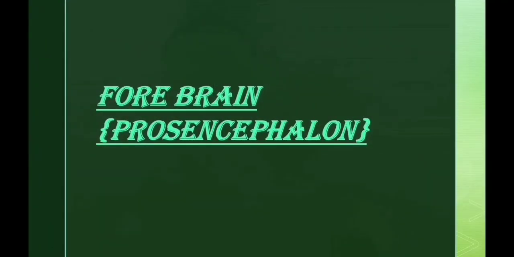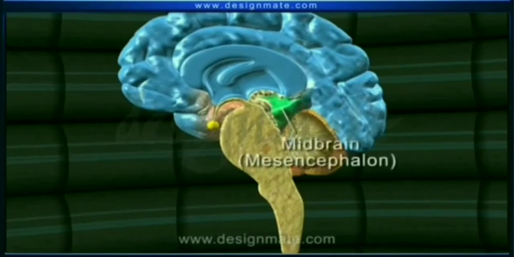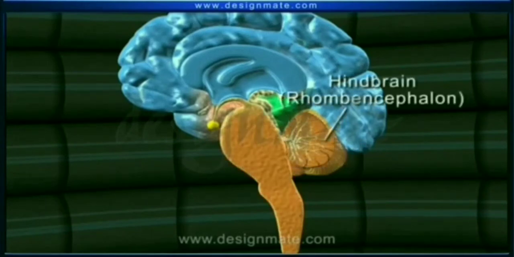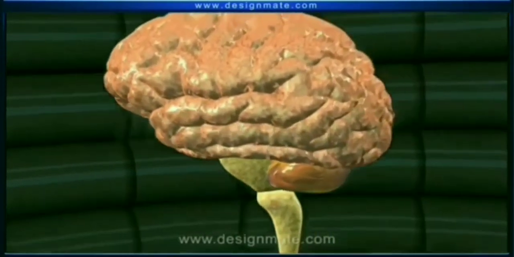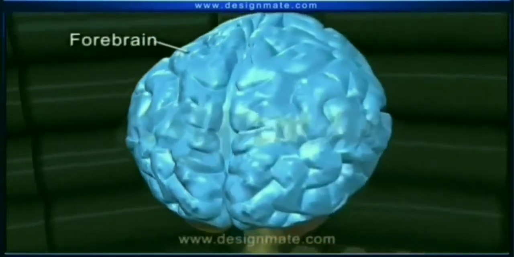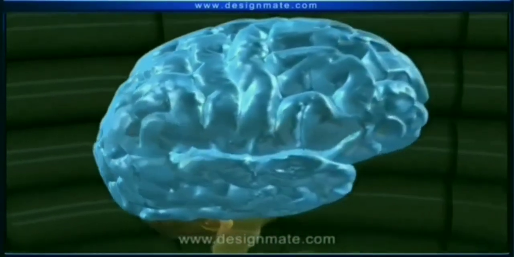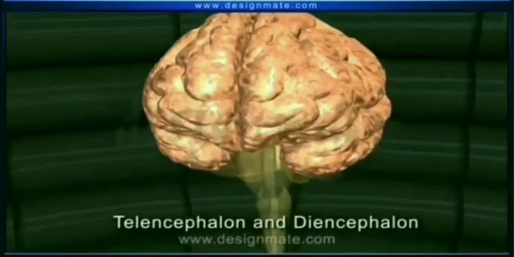Let's see the first part, that is forebrain or prosencephalon. The human brain consists of forebrain, midbrain and hindbrain. Forebrain or prosencephalon consists of the olfactory lobes, the cerebrum, and the diencephalon.